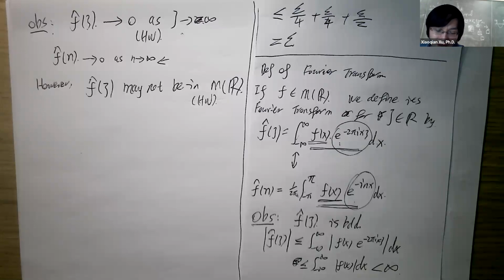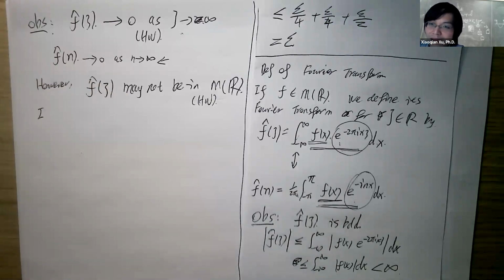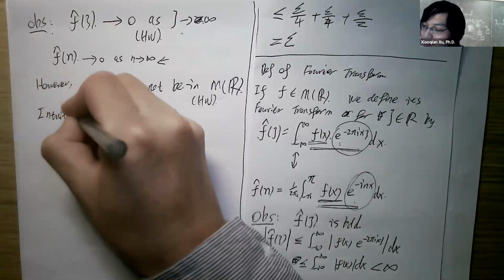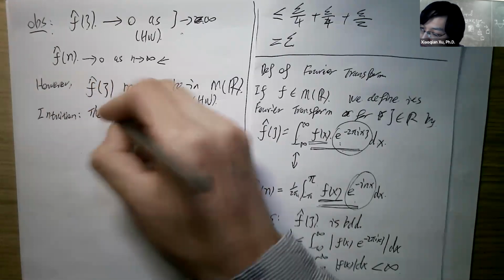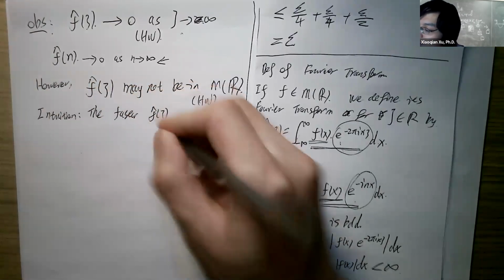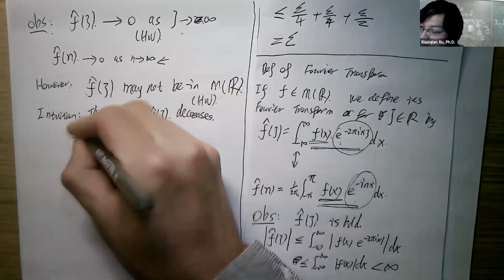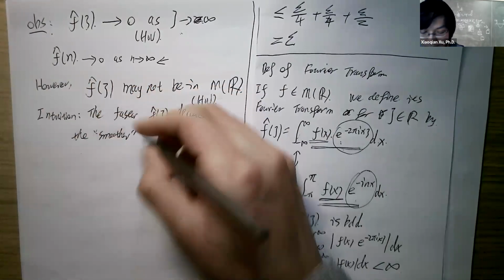This is not as good as what we want. You will see why I'm saying that in a moment. The intuition here is, well, the faster f hat of xi decreases, the smoother f must be.